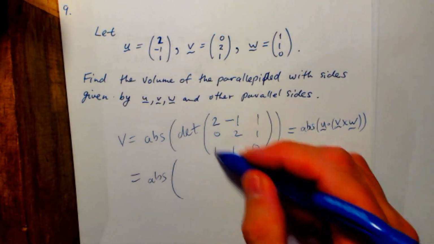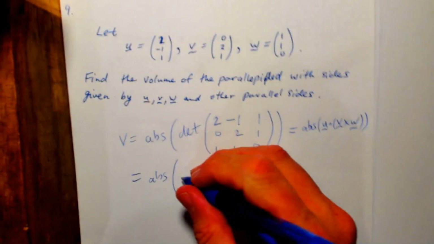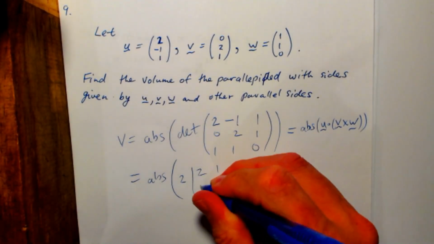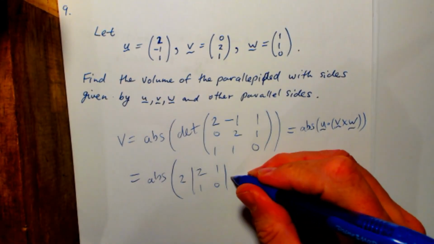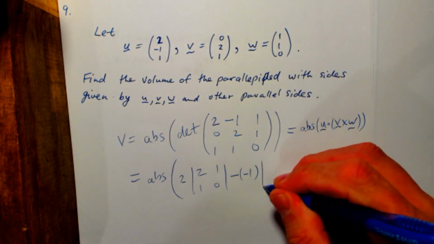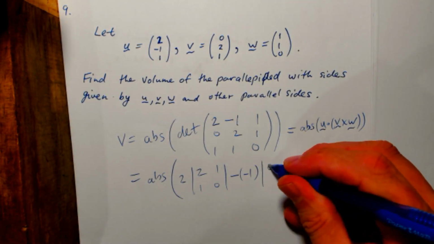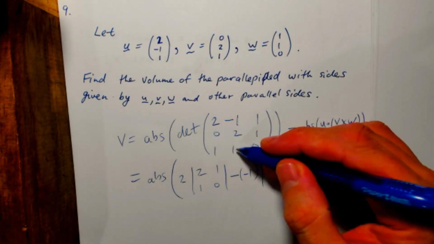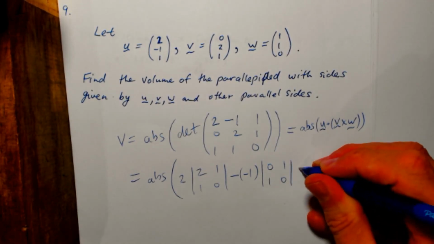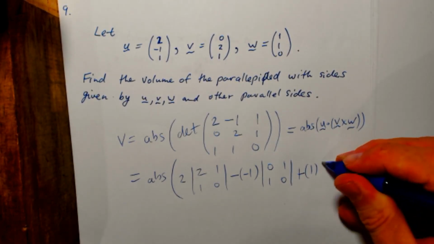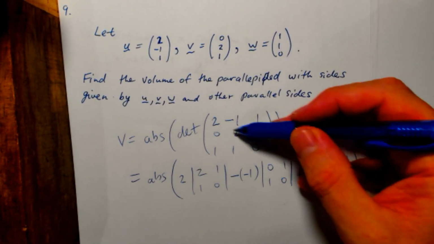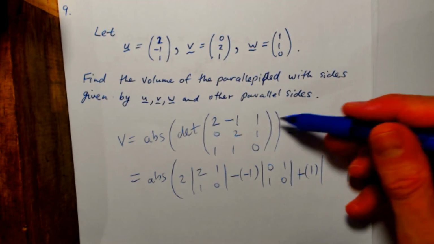So the determinant of this 3 by 3 matrix is twice the 2 by 2 determinant, 2, 1, 1, 0, and then minus 1 by the 2 by 2 determinant obtained by crossing out the row and the column that the minus 1 is in, and then plus 1 by the 2 by 2 determinant obtained by crossing out the row and the column that that 1 is in.